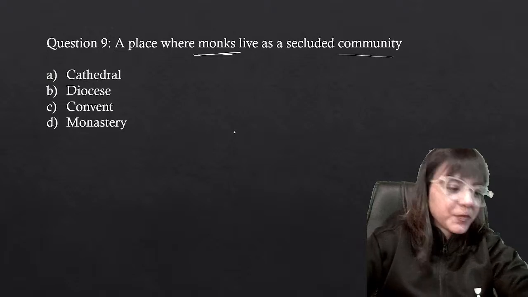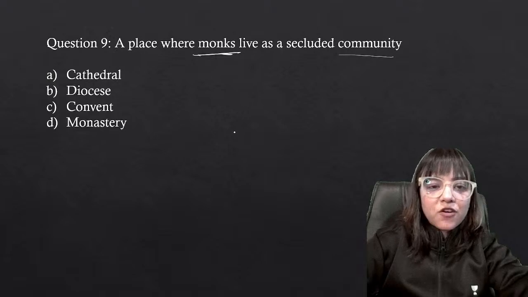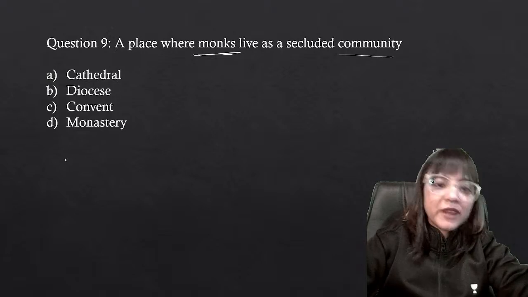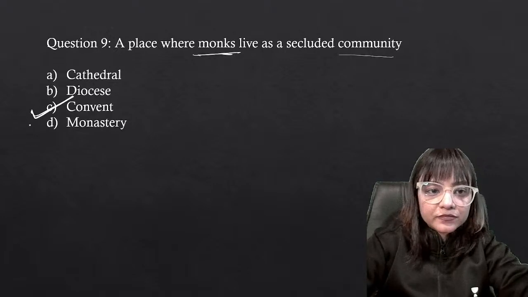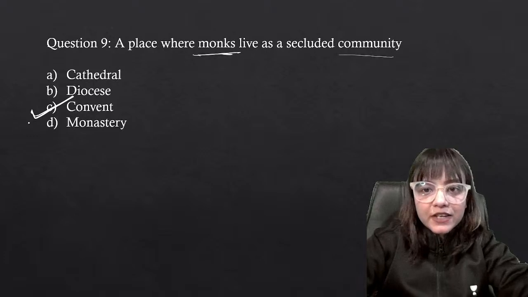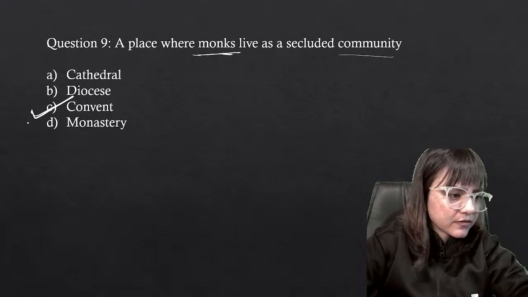It will not be a monastery. Guys, monastery is a place of worship. वहां पर वो meditate करते हैं. रहते कहाँ हैं? Monks, convent. Okay. Convent is a place where monks live in as a secluded community. One second. No, doesn't look right.